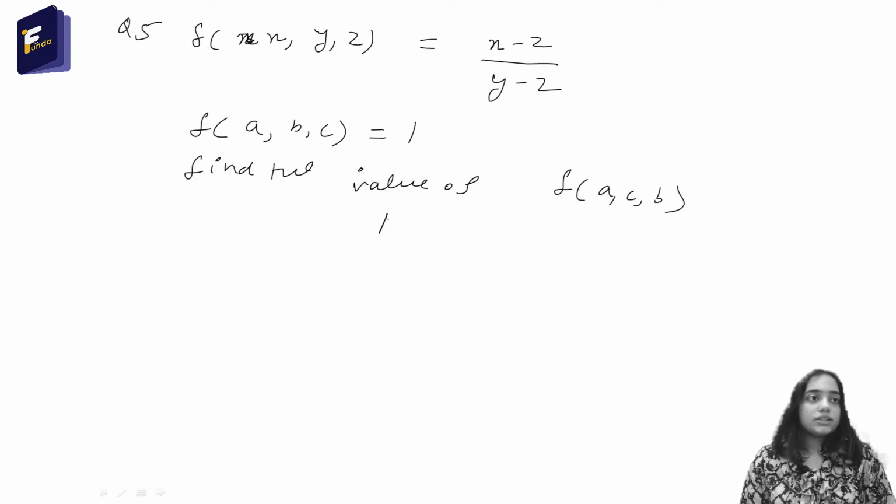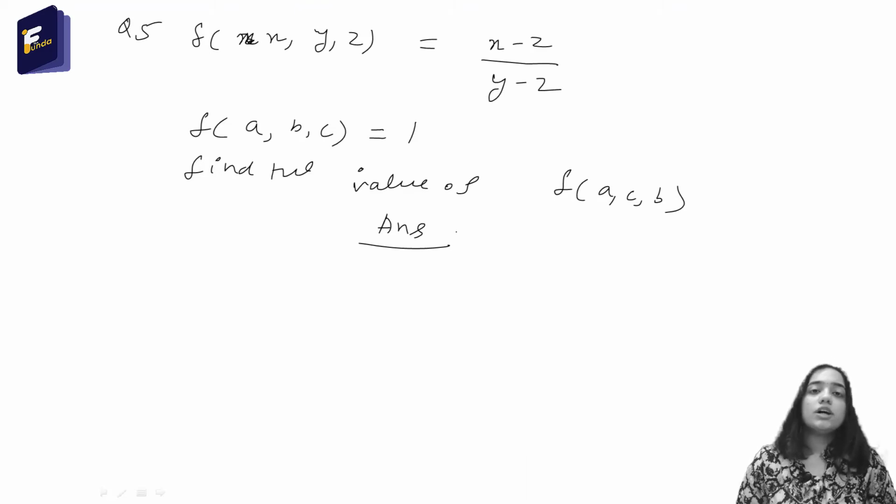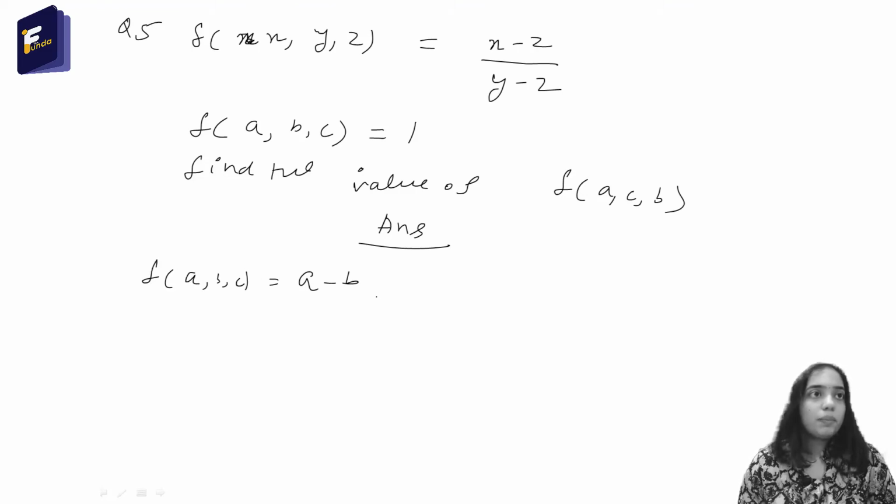Okay, so the answer to this question is, first we are going to use our first condition, that is f(a, b, c) equal to 1. So f(a, b, c) equal to (a minus c) division (b minus c).